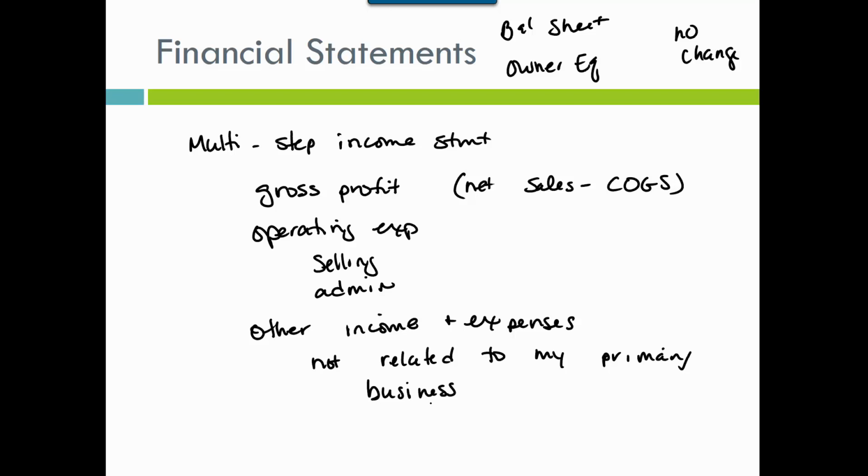That's still income coming in or expenses going out, but it's not actually related to my primary business, the store I'm running or whatever. So I want to track those separately because I want to be able to measure the performance of my business on its own, my store, separate from these other activities. So I put those in a separate category.